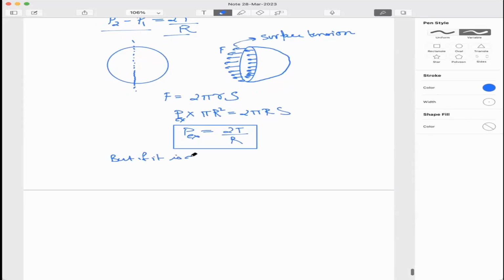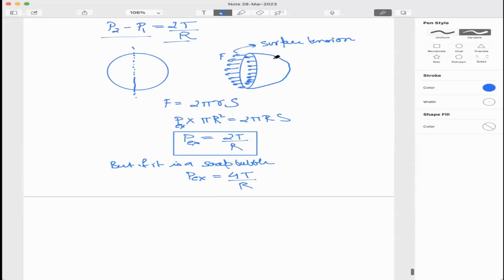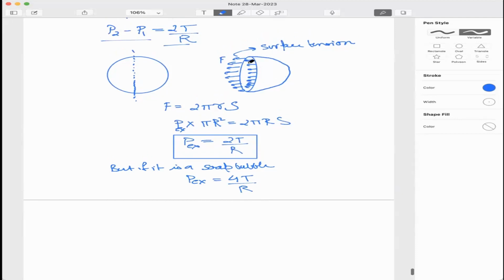But if it is a soap bubble, then P excess is 4T by R, because now this film has two surfaces, one outside and one inside.